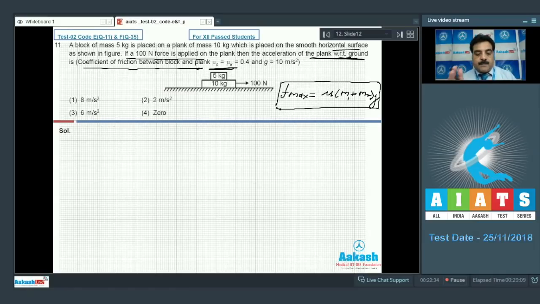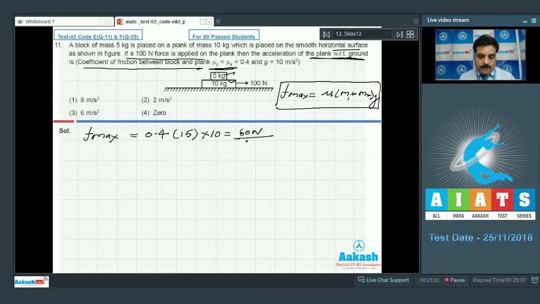Without any hesitation I can write the maximum force for common acceleration, that is 0.4, because this is the coefficient of friction, and I need the total mass, 5 plus 10, that is 15, times the value of g, which is 10, that is 60 Newton, right?